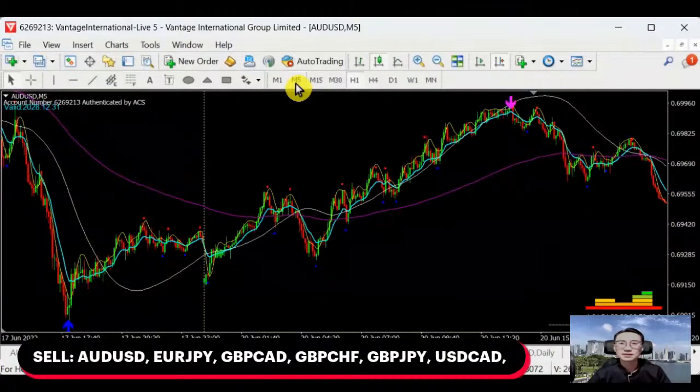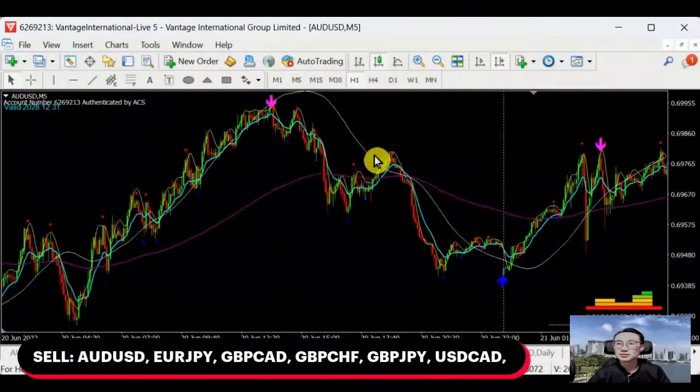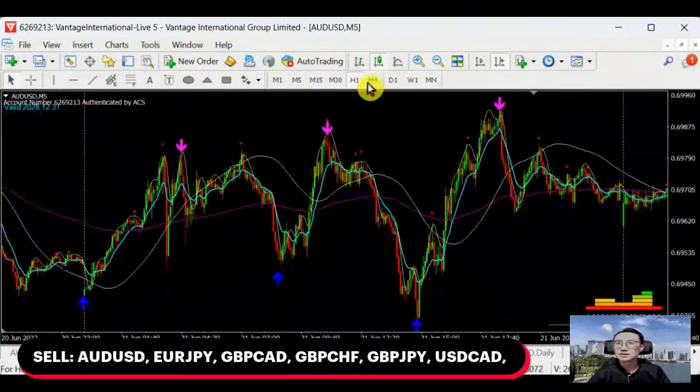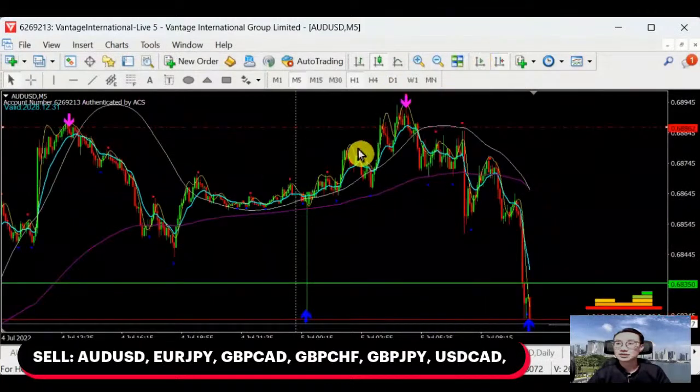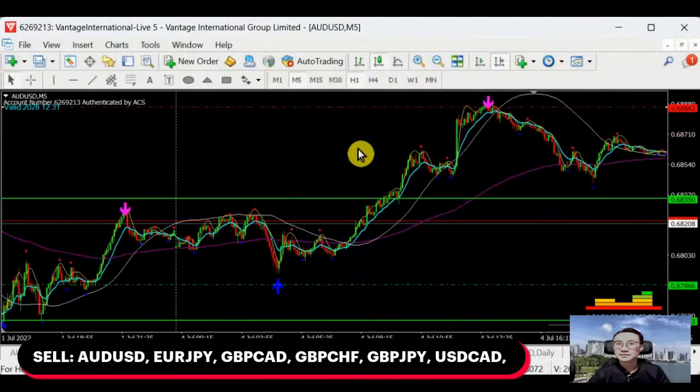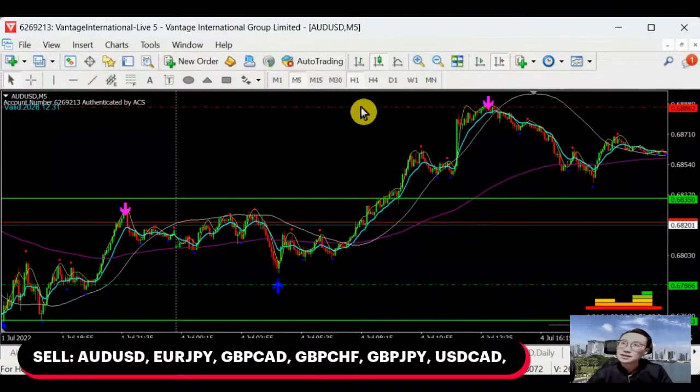I will just place it at Aussie dollar first. I place this resistance over here. I think that is a very good example.